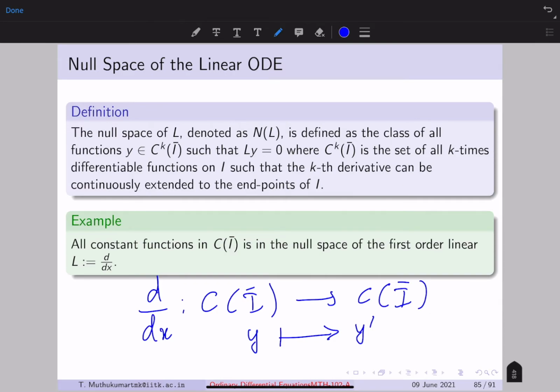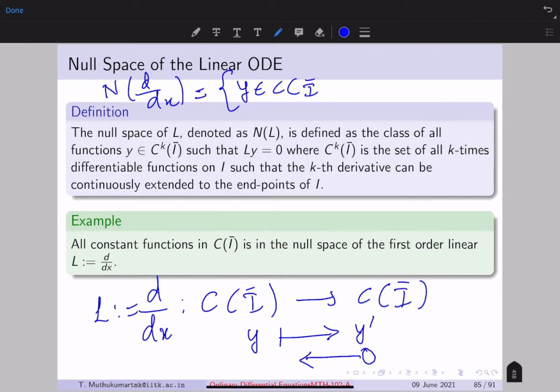Now if you take 0 in this set, what is the inverse image of 0 under this L? That is all functions y. So what is the null space of d by dx? It is all continuous functions y such that dy by dx is equal to 0.